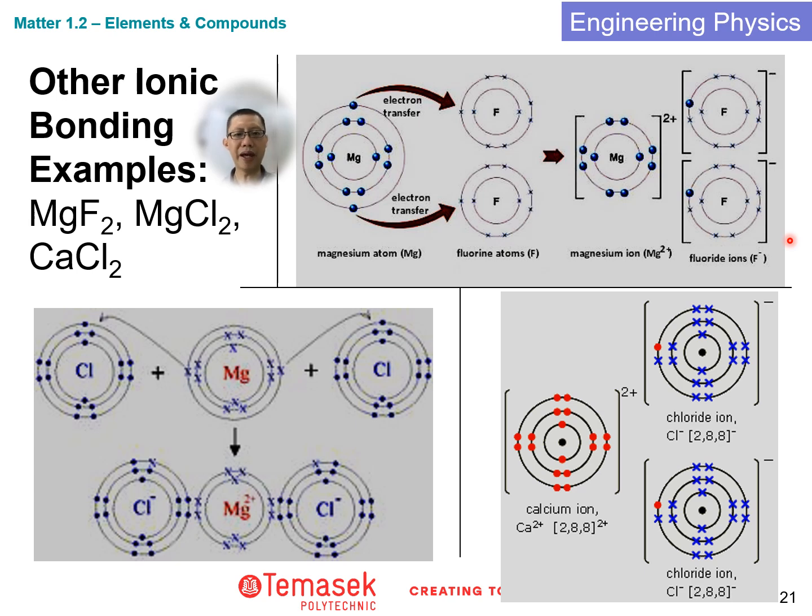Formation of magnesium chloride, MgCl2. Now, let's look at how magnesium bonds with chlorine atoms to form magnesium chloride, MgCl2. This process is very similar to the formation of magnesium fluoride.